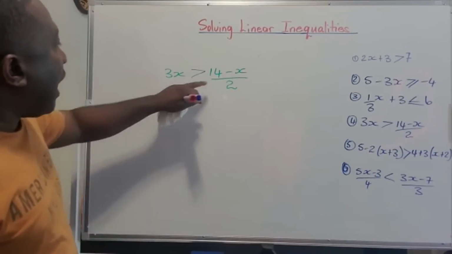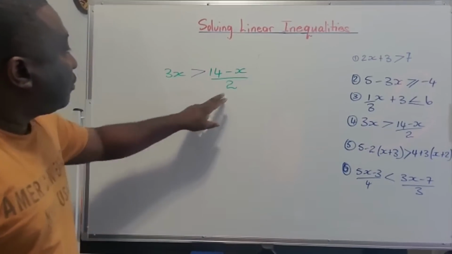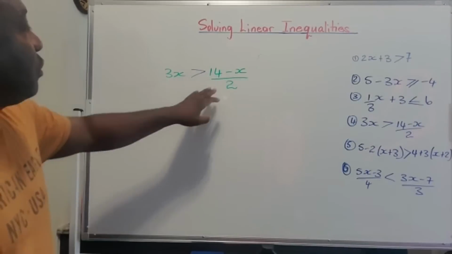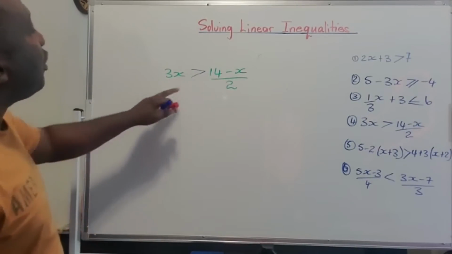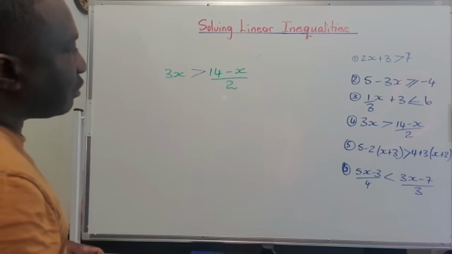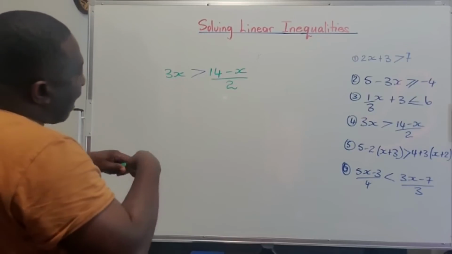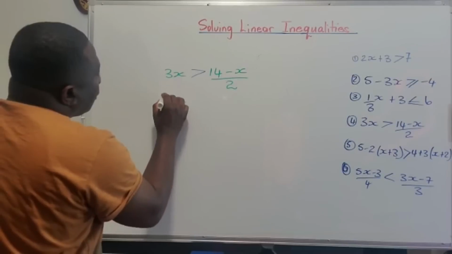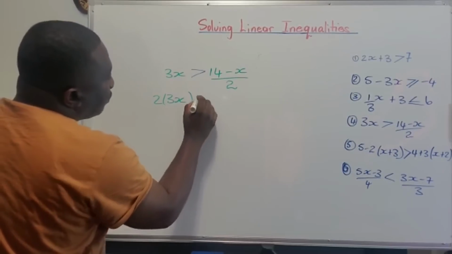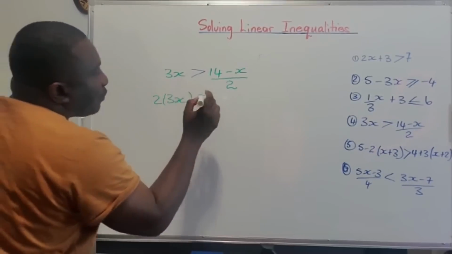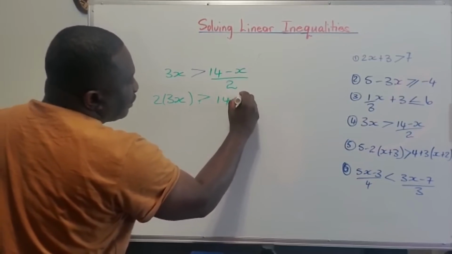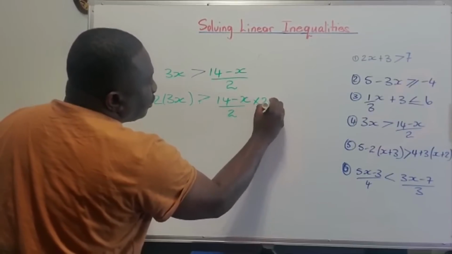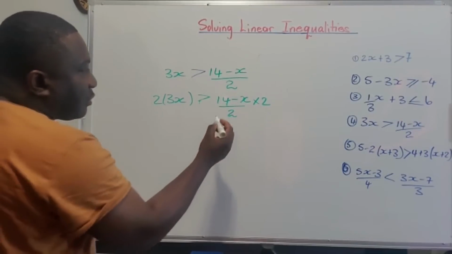So again, likewise, we need to get rid of the denominator 2. What we can do in this case is multiply both sides by 2. So 2 times the bracket 3x is greater than 14 minus x over 2 times 2.